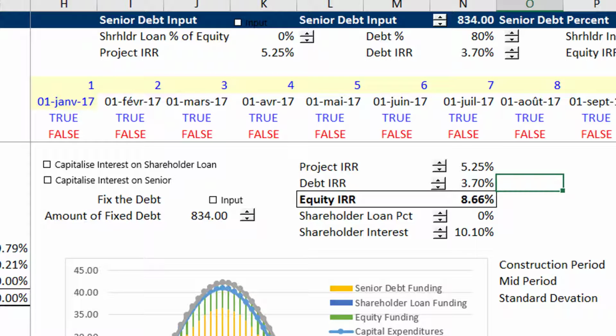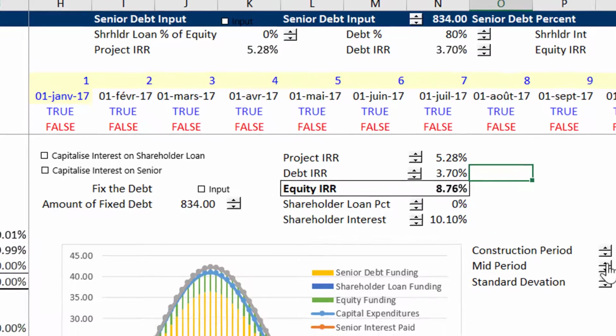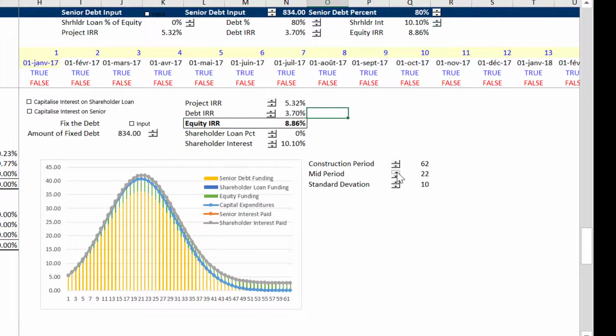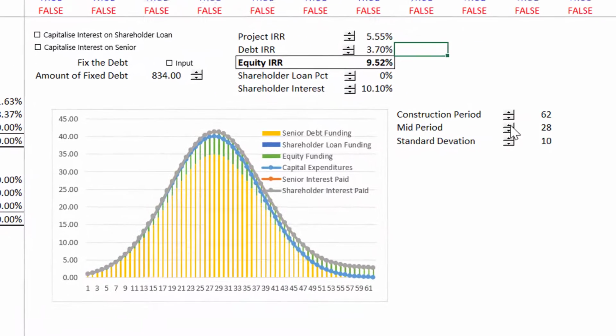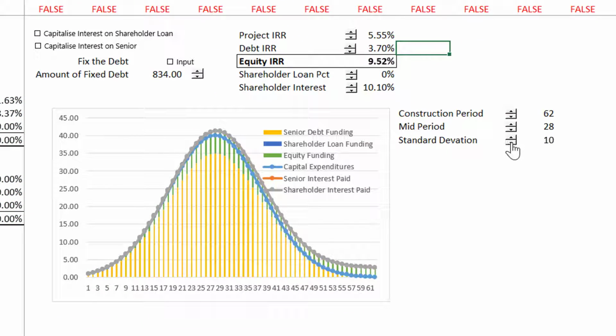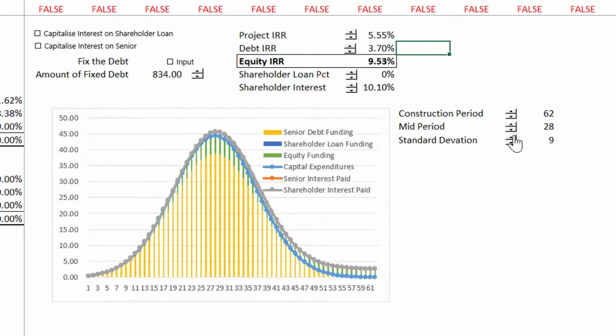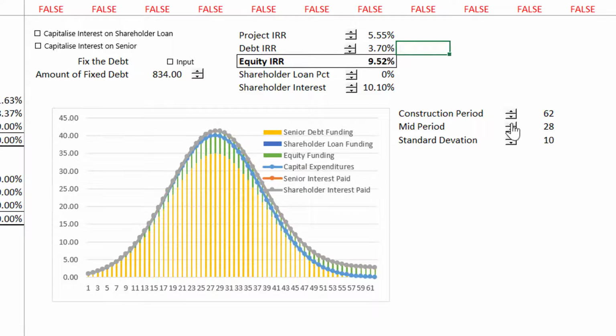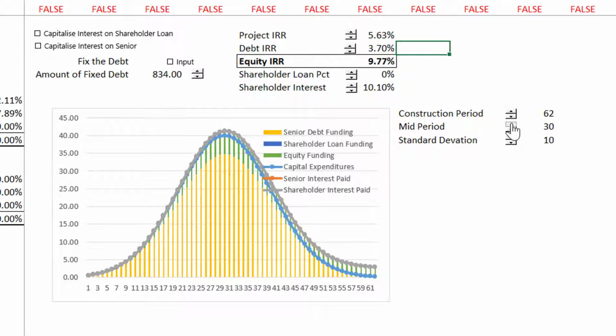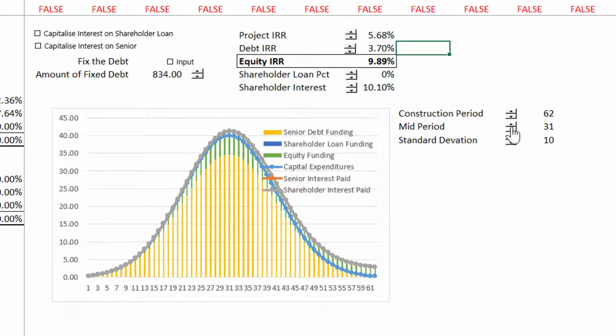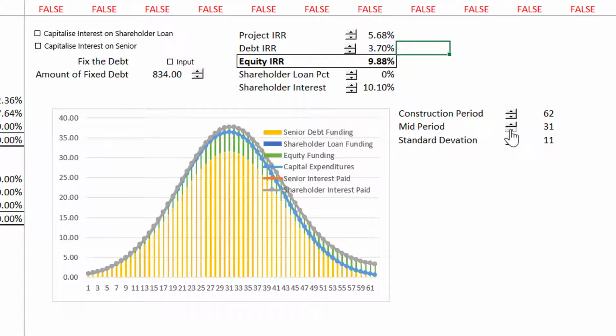Let's push the middle of the construction period a little further out. And then the standard deviation really shouldn't make much difference because that's on either side of it. But if we push it further out, we're getting a little bit higher IRR, I guess. Okay? Although the graph is not quite as nice.